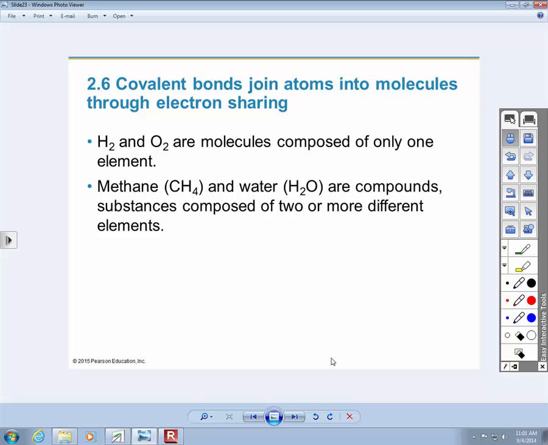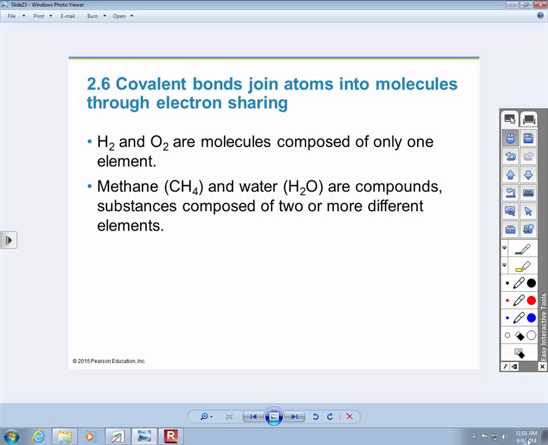Anytime you're working with covalent molecules, if you're sharing electrons, you would call those molecules. Now, anytime you're working with molecules where you have 2 different elements, those are referred to as compounds, which does sound a little picky, but nonetheless, you get 2 different elements bonded together. That is a compound.